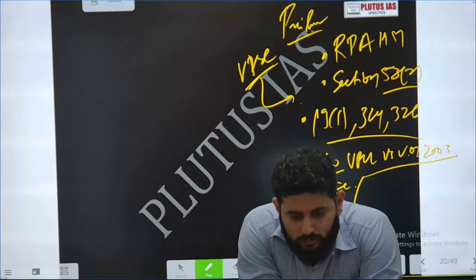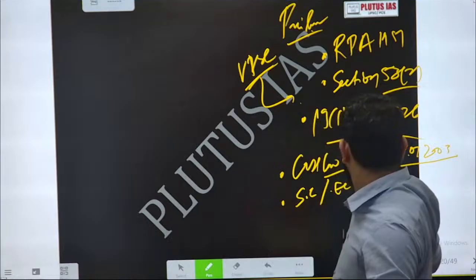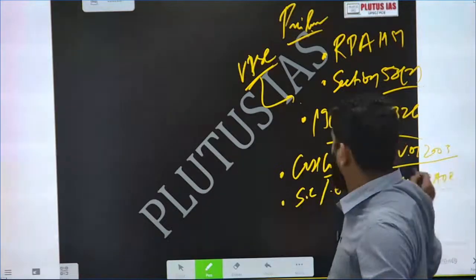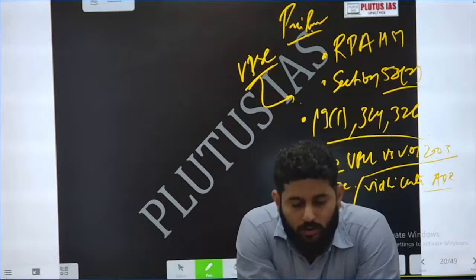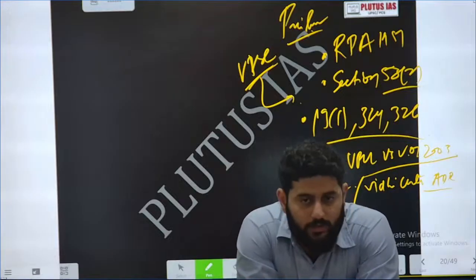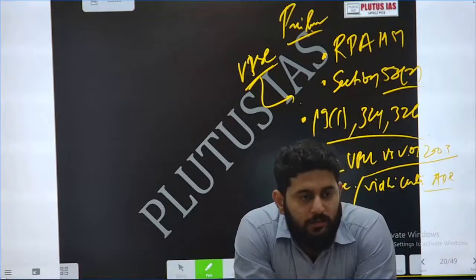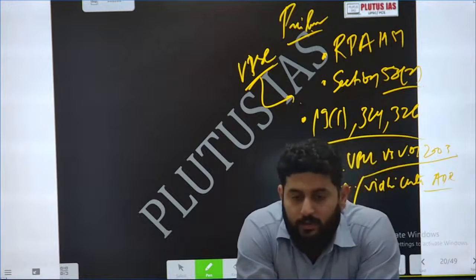Third is Vidhi Centre or ADR, right? All the institutions involved in this are the Supreme Court, Election Commission, Vidhi Centre, and the next thing is ADR.